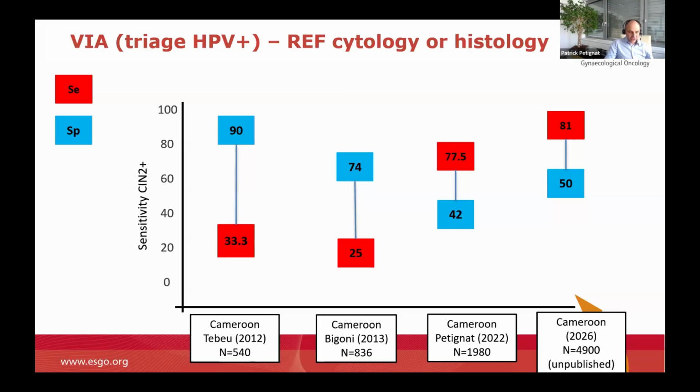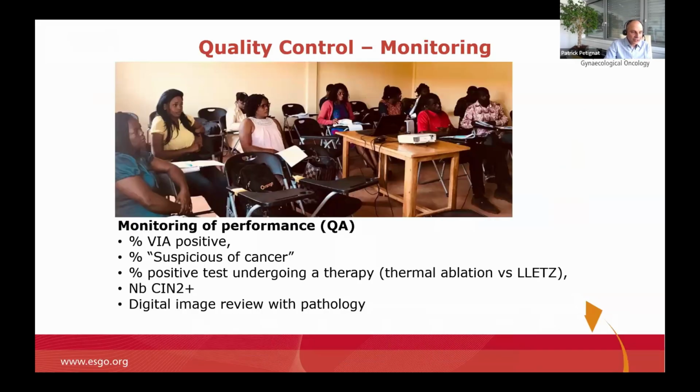And now in our daily practice, the group working in Cameroon is using the smartphone for all patients before acetic acid, after acetic acid, and Lugol. And this allows us to monitor the performance. This is quality assurance of VIA, like a colposcopy.